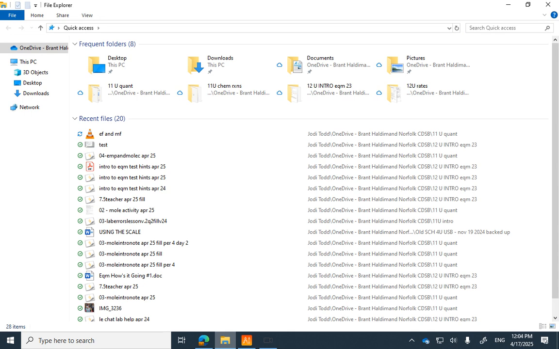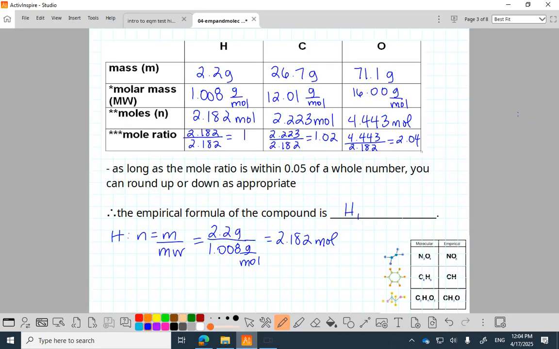Most of the time, the rounding will be very, very straightforward. So here, 1.02 is really, really close to 1, and 2.04 is really close to 2.